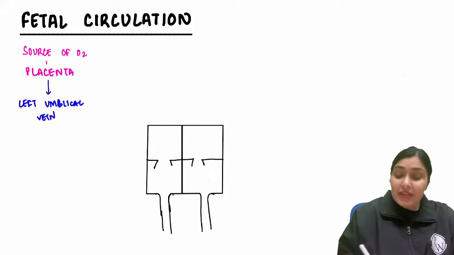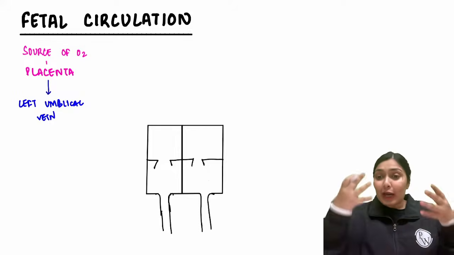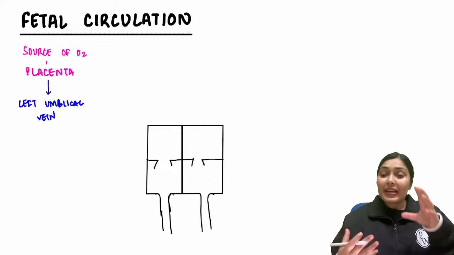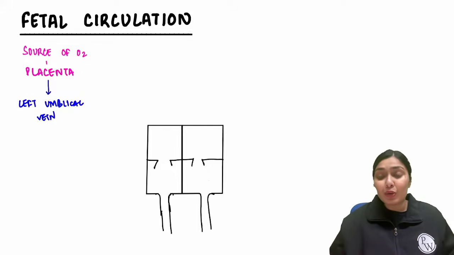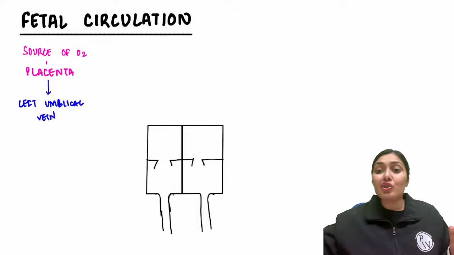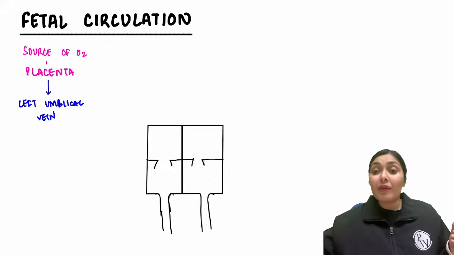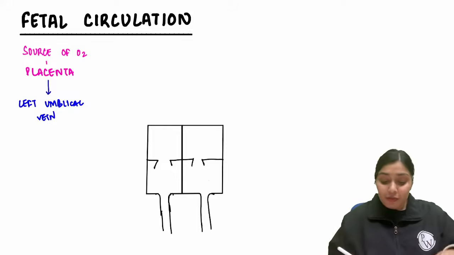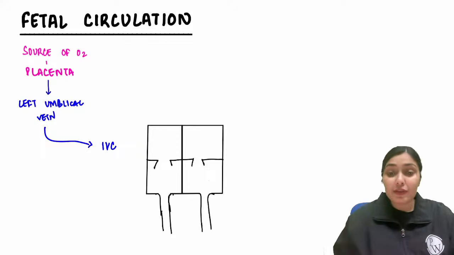Now this oxygenated blood from the left umbilical vein has to reach the entire body of the fetus, and to do that it has to reach a pump. Which pump circulates the blood throughout the body? That pump is the heart. So this blood has to reach the heart. Which vessel drains into the heart? It goes to the IVC, inferior vena cava.